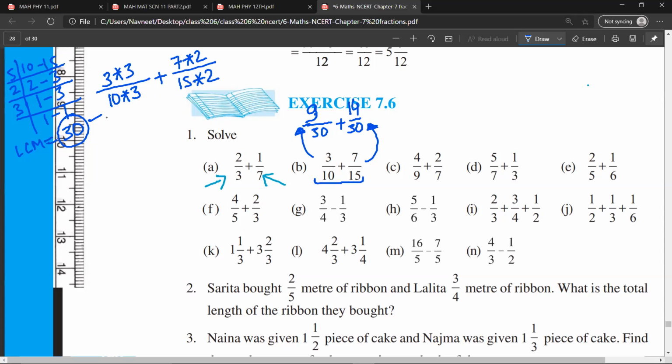If you are confused, you can write this step also. Usually I've seen kids writing like this. So the answer will be... Mr. Sarthak, what will be the answer?